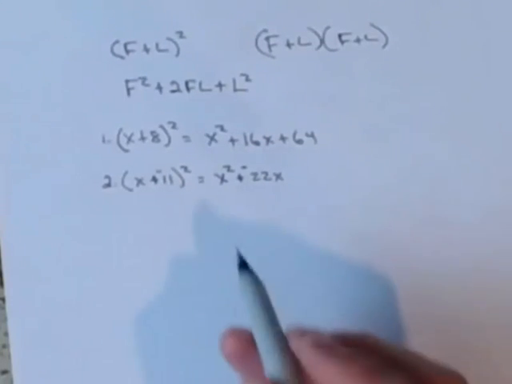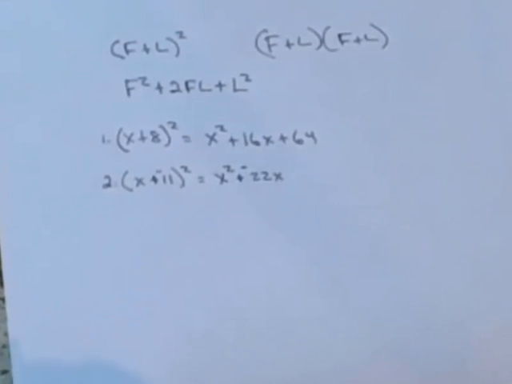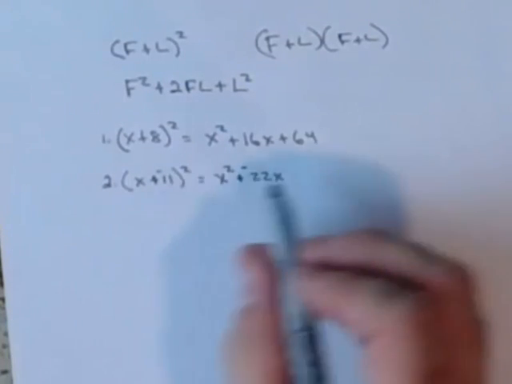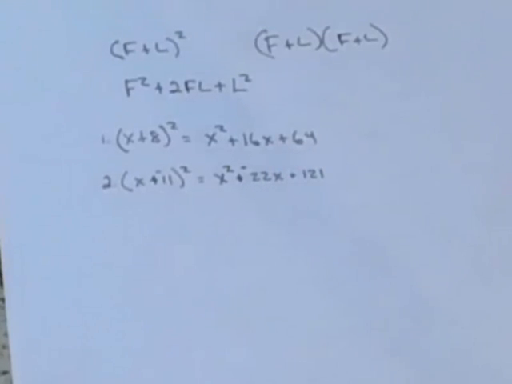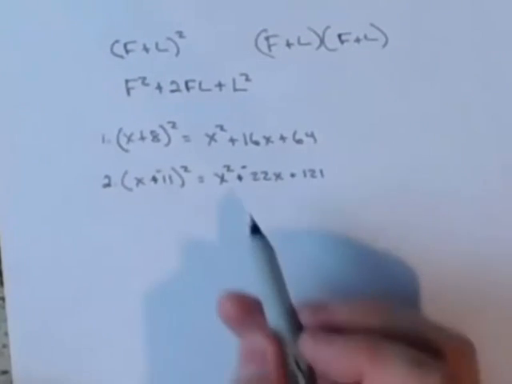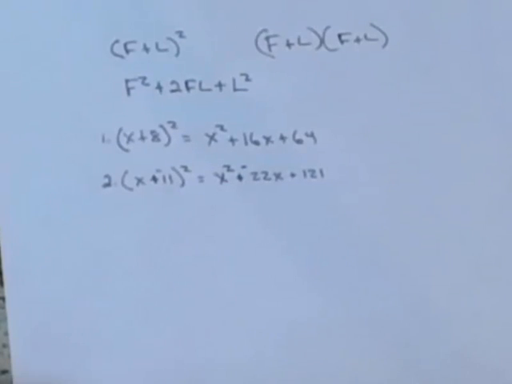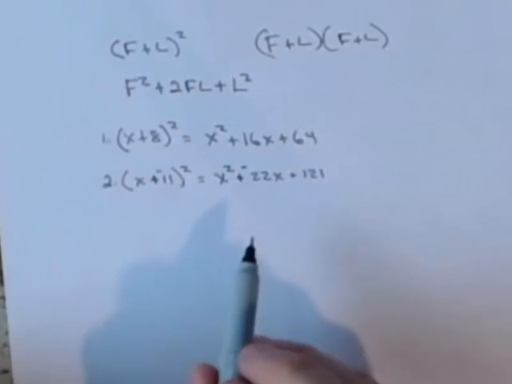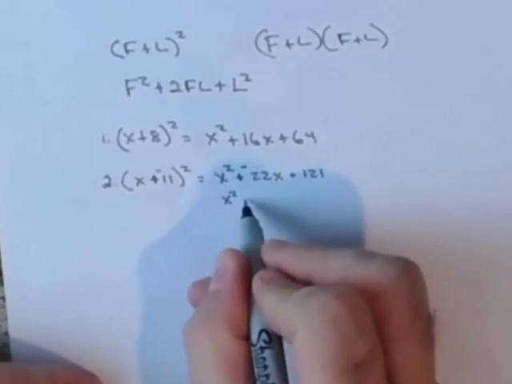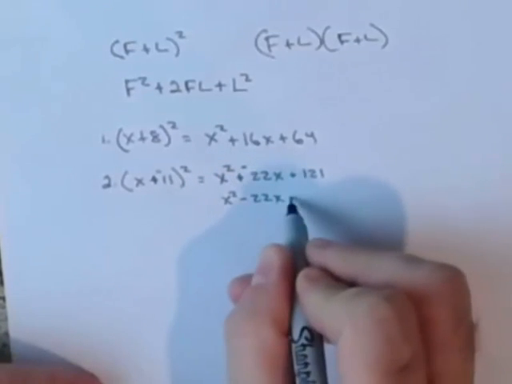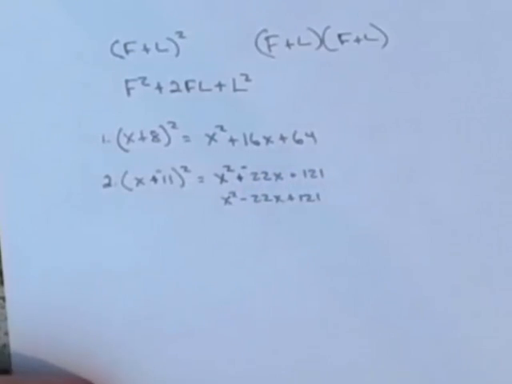So it's x squared plus a negative 22x, and then 11 times 11 is 121. Now, adding a negative is the same as subtracting a positive, so this is not incorrect, but it would be more accurately written x squared minus 22x plus 121.